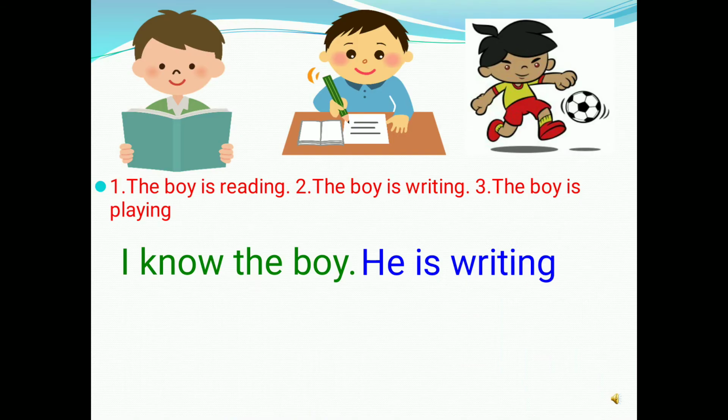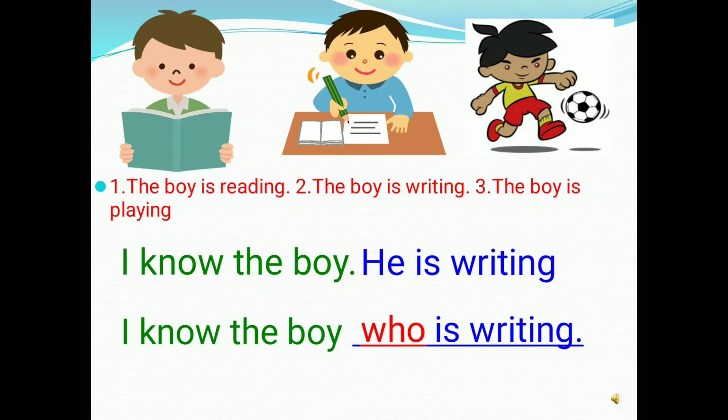If you want to combine these two sentences, how can we combine these two? I know the boy who is writing. Here we combine these independent sentences into a single sentence.